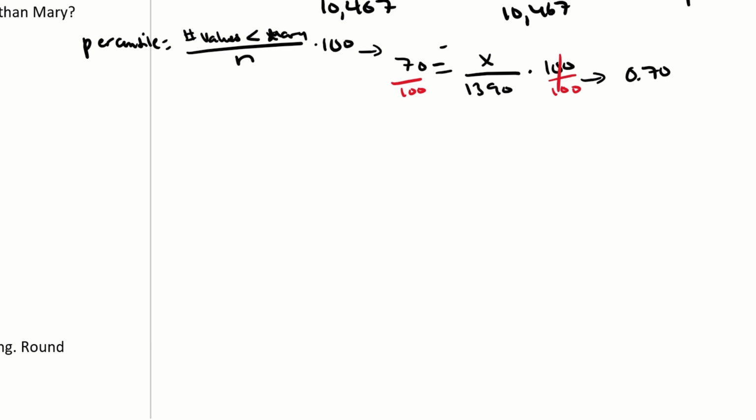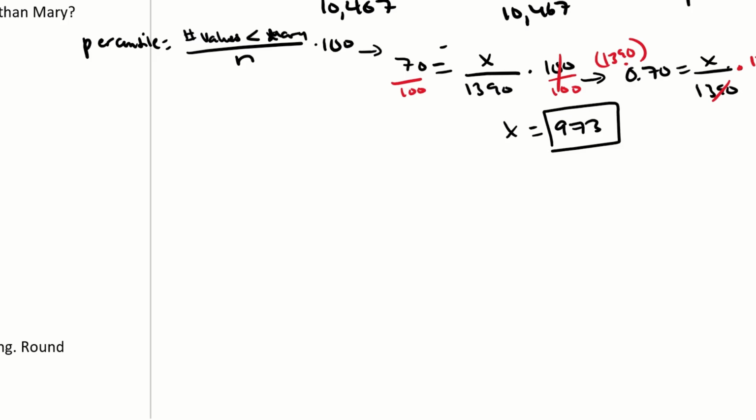So we got 0.70 equals x over 1390. Multiply both sides by 1390 to get rid of that. So do a little bit of algebra. You get 1390 times 0.70 is 973. So that means there are 973 students that scored lower than Mary. Okay, and that's what we're looking for.